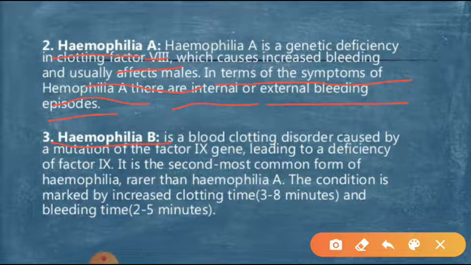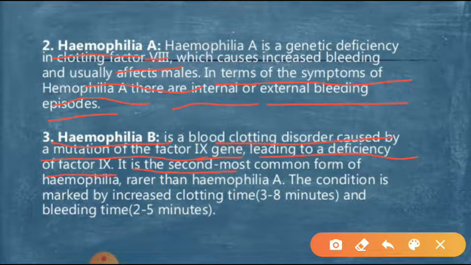What are the symptoms of hemophilia A? There are internal or external bleedings we can see in hemophilia A, and it usually affects males only. The second type is hemophilia B. It is a blood clotting disorder caused by a mutation of the factor 9 gene leading to a deficiency of factor 9.